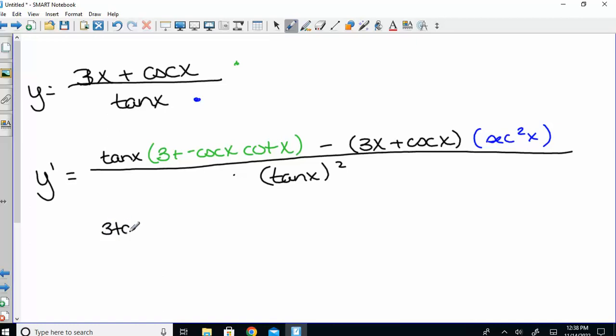I'm not going to make you get too crazy with simplifying on these. I'm not going to say it's like a trig identity. You have to change to sines and cosines. So if we distribute, now we could do something here. What happens if you take a tangent times a cotangent? They cancel because those are reciprocals. On this one I need to distribute the negative and the secant squared.